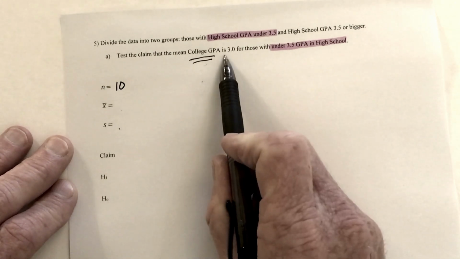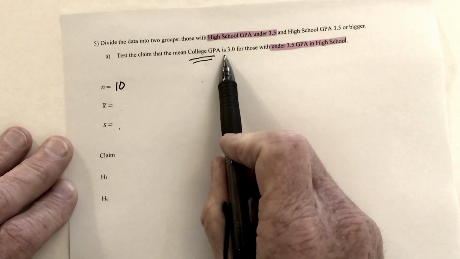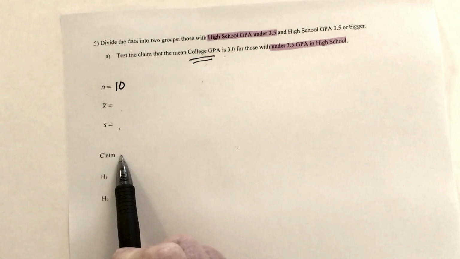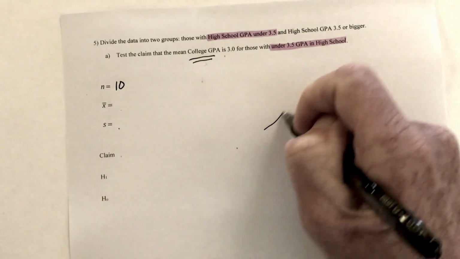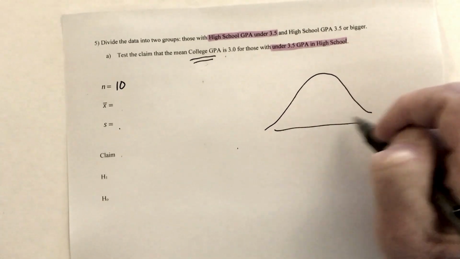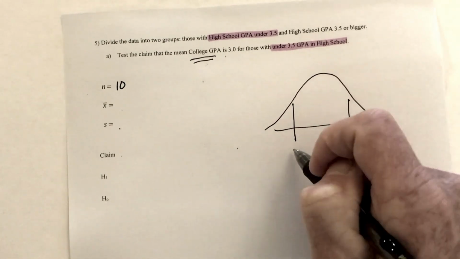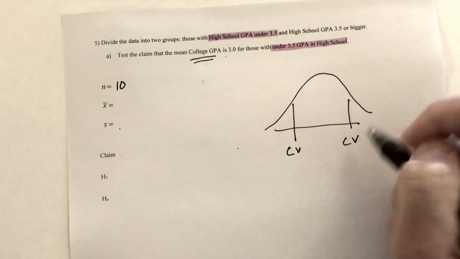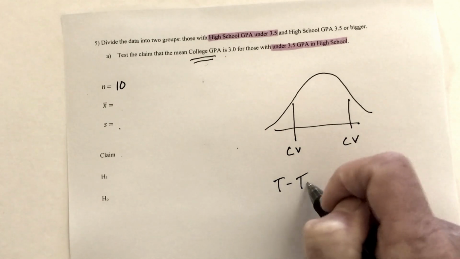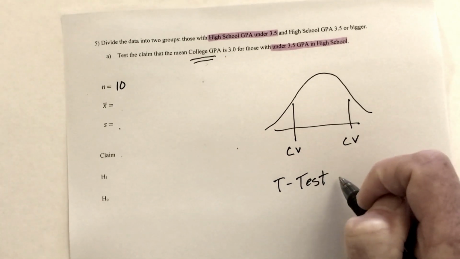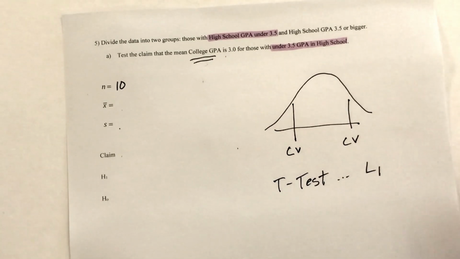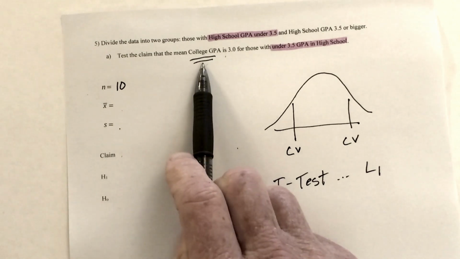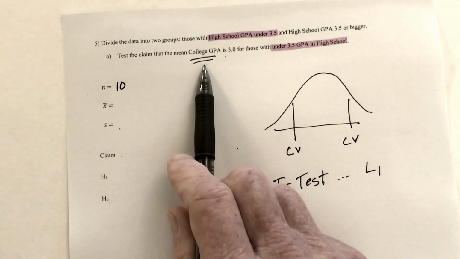And then the claim is that the mean GPA is 3.0. So this is going to say mu equals 3.0. And then you do the normal distribution, you look up the critical values, and then you would do the t-test and use list 1 because that's now where those 10 college GPAs are.